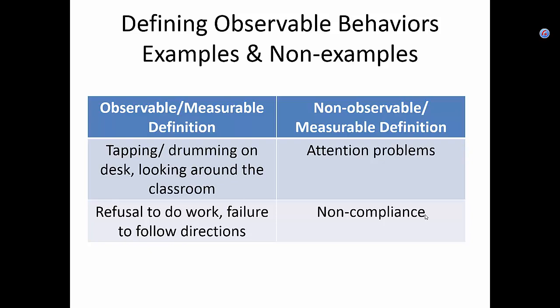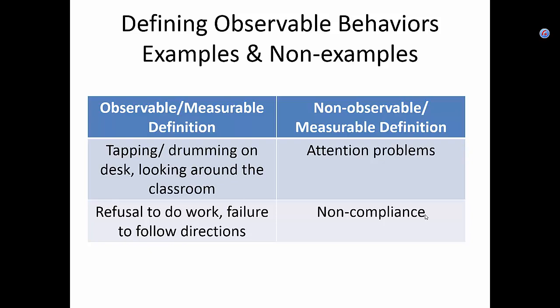Now that's a lot more specific and a lot more observable than this much broader category of attention problems. We really want to focus on whether we can observe clearly what this looks like, so that we can differentiate between students, moving from what we might understand as attention problems, which is too broad, into more observable and measurable definitions.